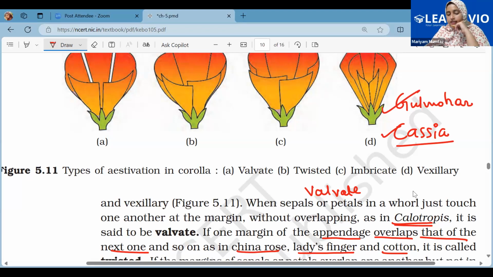Okay. Then coming to the fourth type of estivation, you write down vexillary estivation.